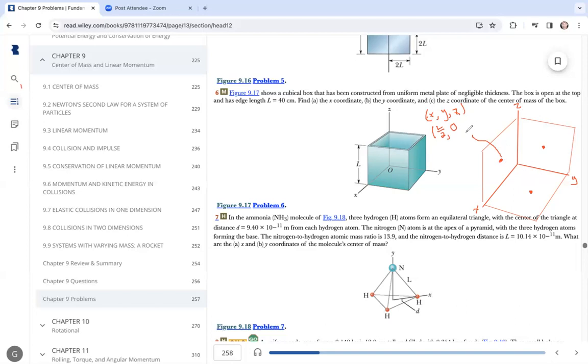And the Z coordinate would also be L over 2.